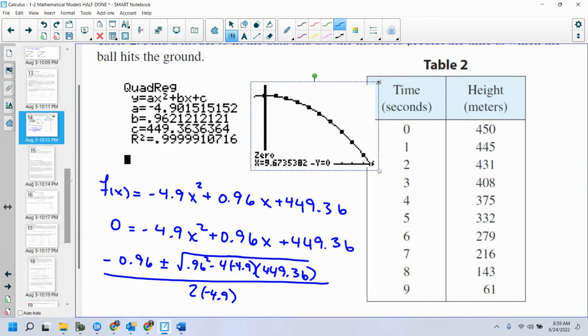I can also use this and say maybe there's something at 175 feet off the ground, and I want to know how long it's going to take that ball to reach 175 feet off the ground.